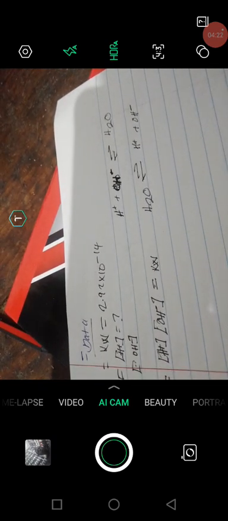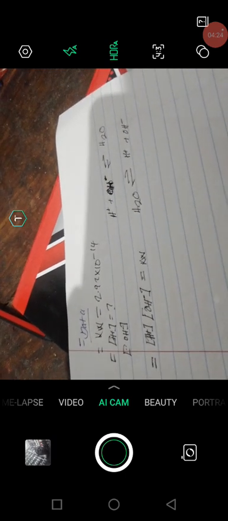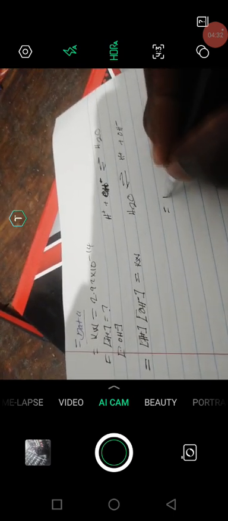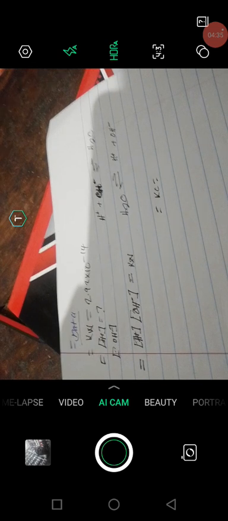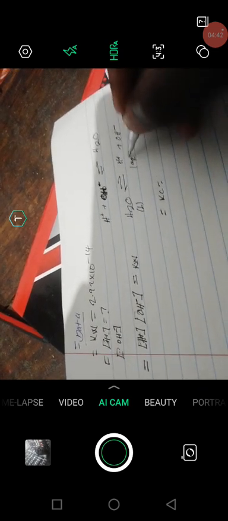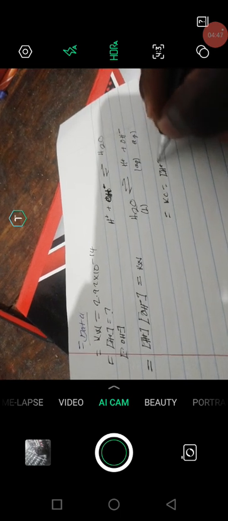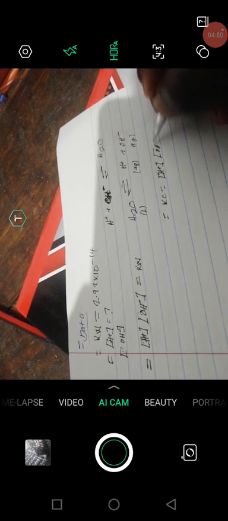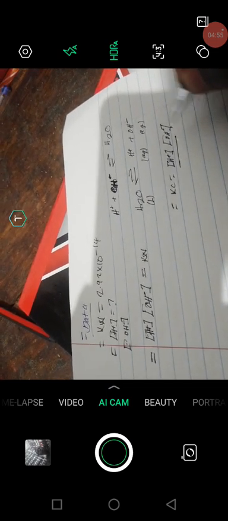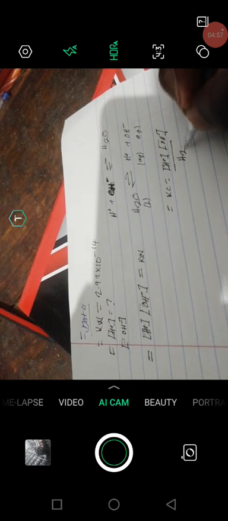So if I write my Kc expression, the equilibrium concentration, Kc is equal to product over reactant. If you look carefully, H2O is in liquid state, and these are in aqueous state. So Kc is hydrogen ion times hydroxide ion, divided by H2O.